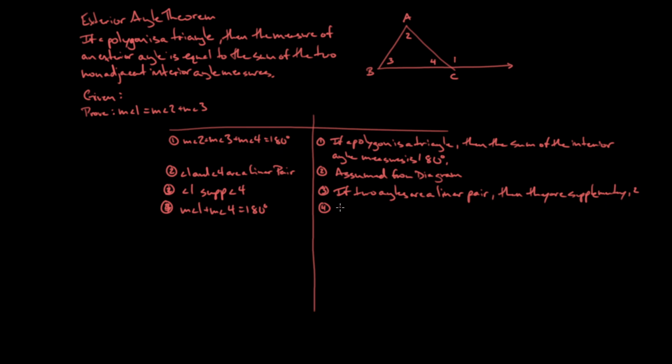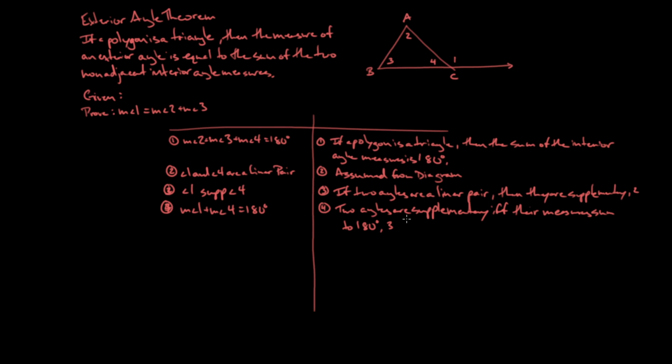So my definition of supplementary: 2 angles are supplementary if and only if their measures sum to 180 degrees. And that comes from the previous statement, which was statement 3.